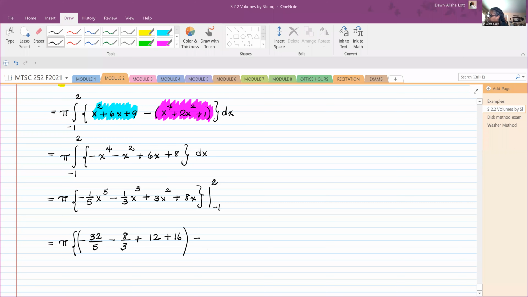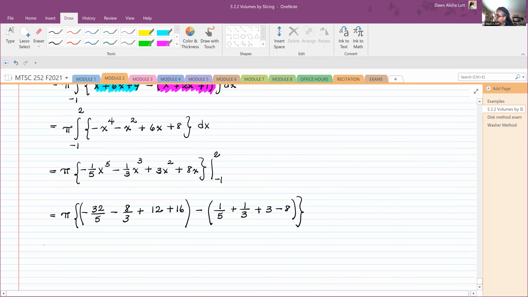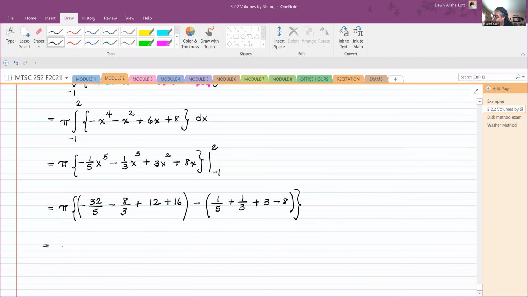That's the first piece. Now when I put a -1 in, -1 times -1/5 gives me positive 1/5. Then I get 1/3, then +3, and then -8. There we go. And that is 117/5 pi.